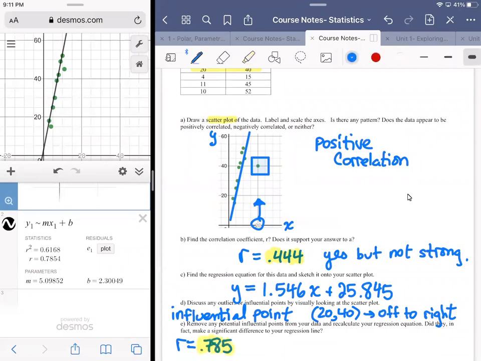And the model itself, the slope went from 1.546 to about 5.099. I'll say 0.985x plus 2.300.